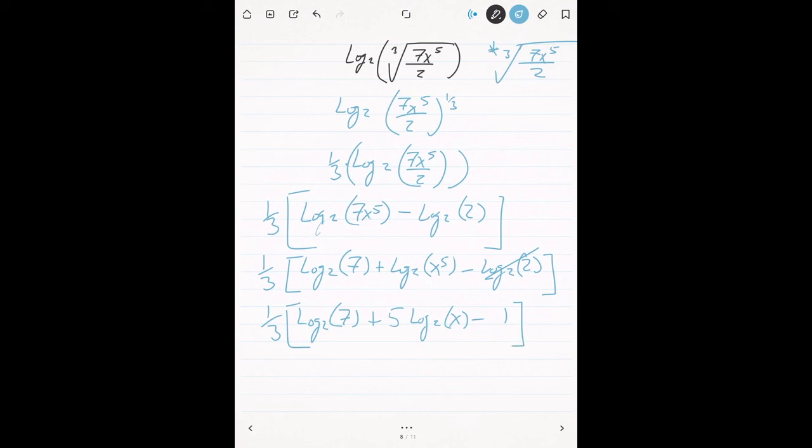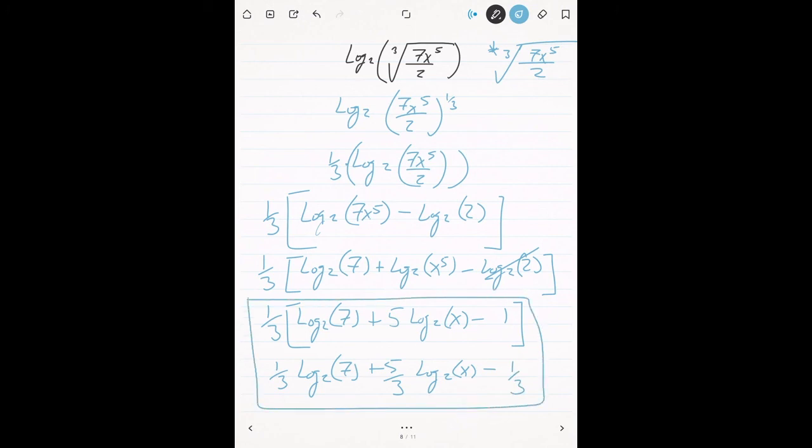So here would be our final answer. You could distribute this if you want to get 1/3 log base 2 of 7 plus 5/3 times log base 2 of x minus 1/3. But that's your call. Either of these would be correct expressions.